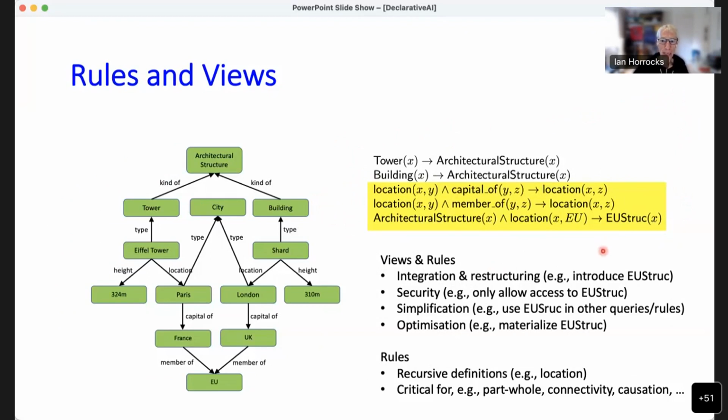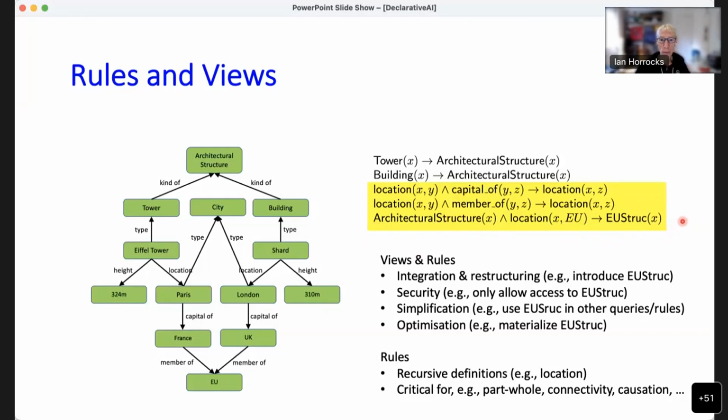And for example, I could add this query that I just mentioned, architectural structure located in the EU. I could add that query as a rule and introduce a new predicate EU structure as the head of this rule. And as we know, this is exactly what views do. They basically just define a new predicate or a new table, if you like, which is defined by a query. And that's exactly what this rule here is doing.